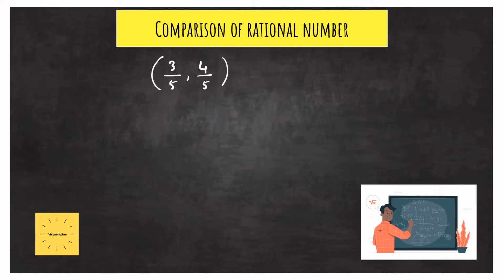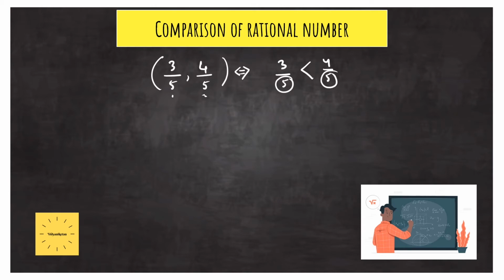As you can see, if the denominator is same, then you can obviously say which one is greater and which one is less. So 3 by 5 is less than 4 by 5, or 4 by 5 is greater than 3 by 5, just because the denominators are same.